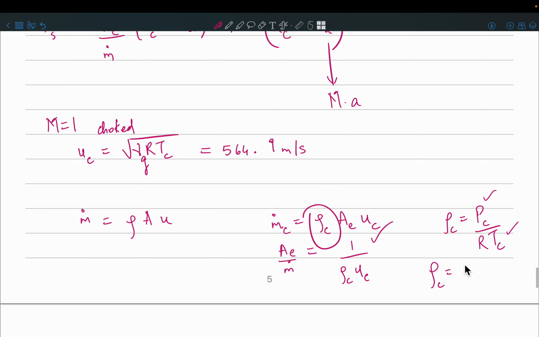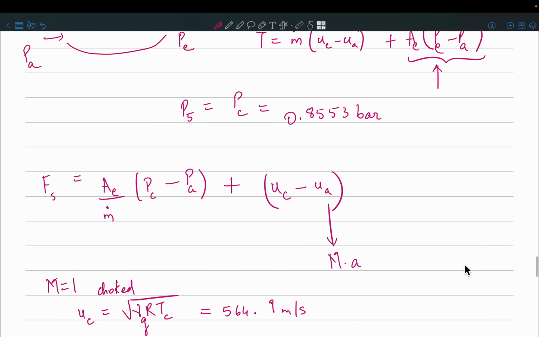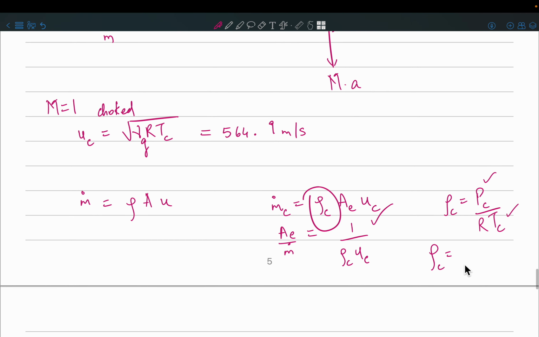So rho C will be what? You know the value of PC here, it's 0.8553 bar. Put it in SI units, you know TC. So putting in the values, you find rho C is approximately 0.3572 kg per meter cube.